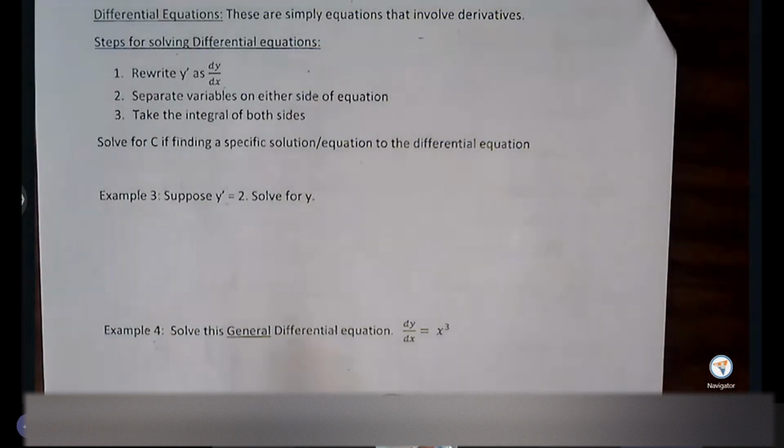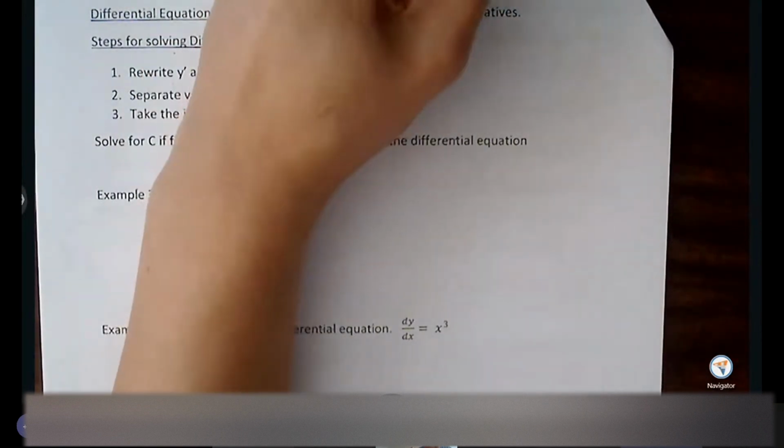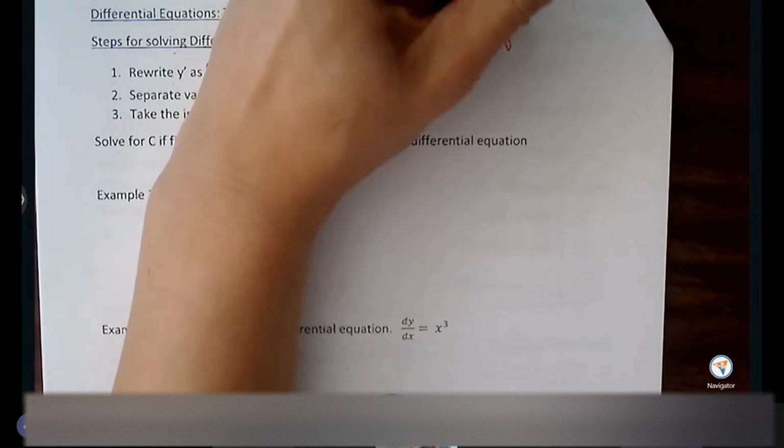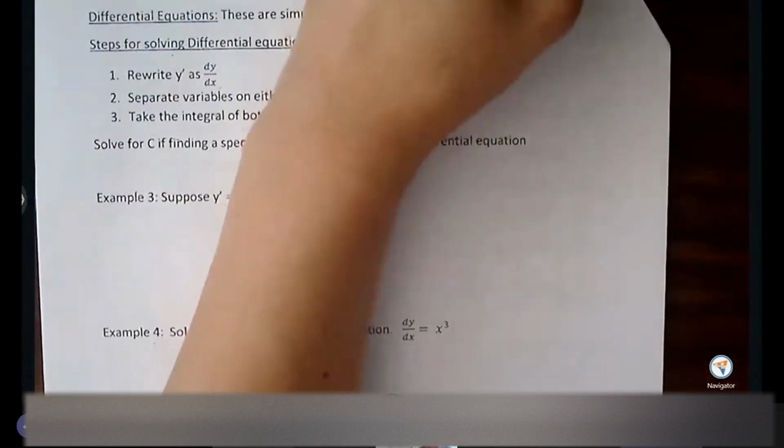Okay, second step is separate the variables on either side of the equation. So we want the y's and dy's on the left side of the equation.